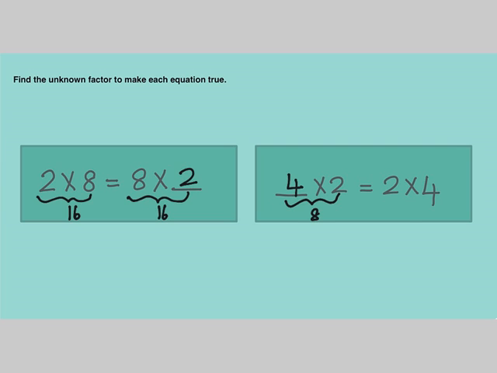Similarly, 4 times 2 is 8 and 2 times 4 is also 8. So 16 is equal to 16 and 8 is equal to 8, and that proves the commutative property of multiplication.